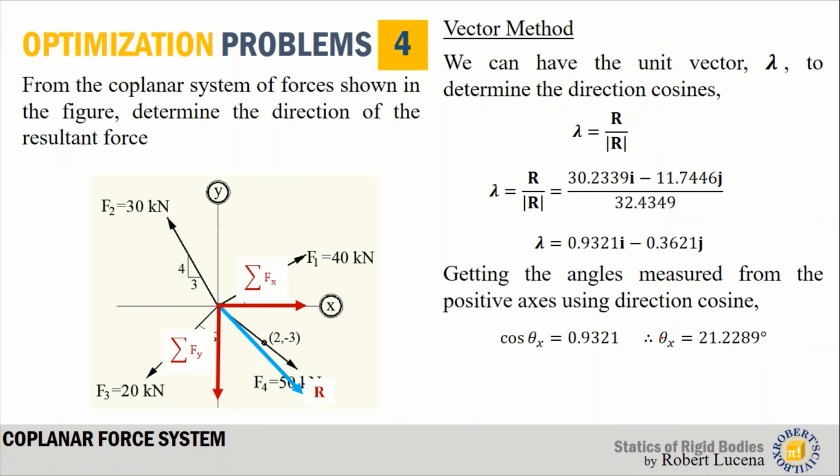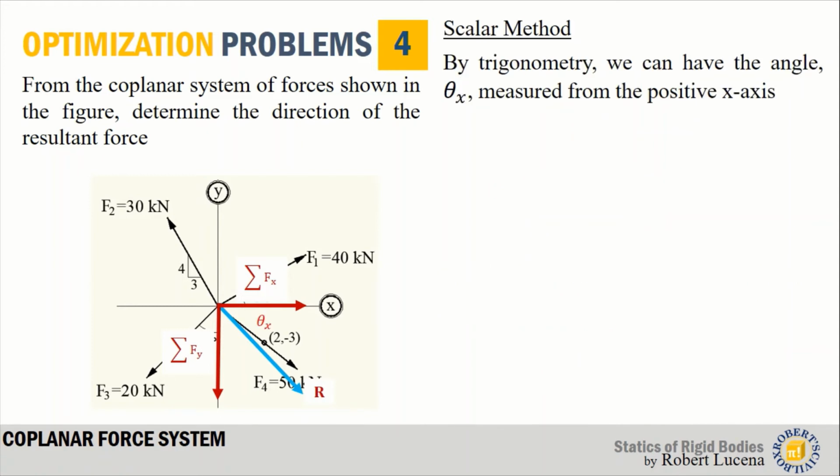Therefore, theta x, or the angle measured from the positive x-axis, is 21.2289. Similarly, if you use cosine theta y, the value of this one, 0.3621, you get theta y equals 111.2292.